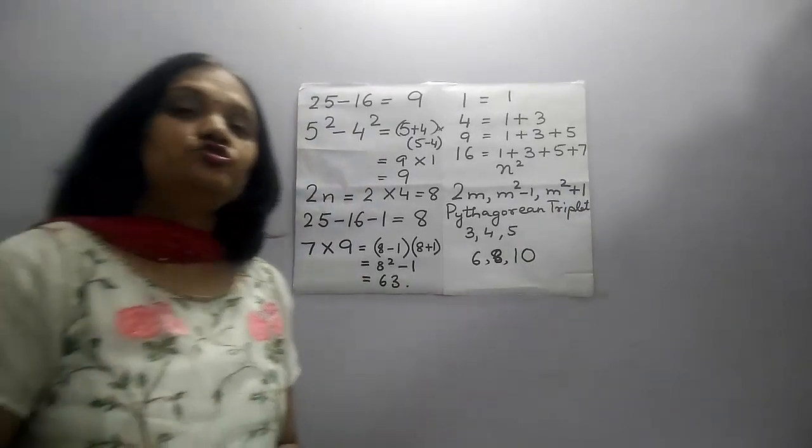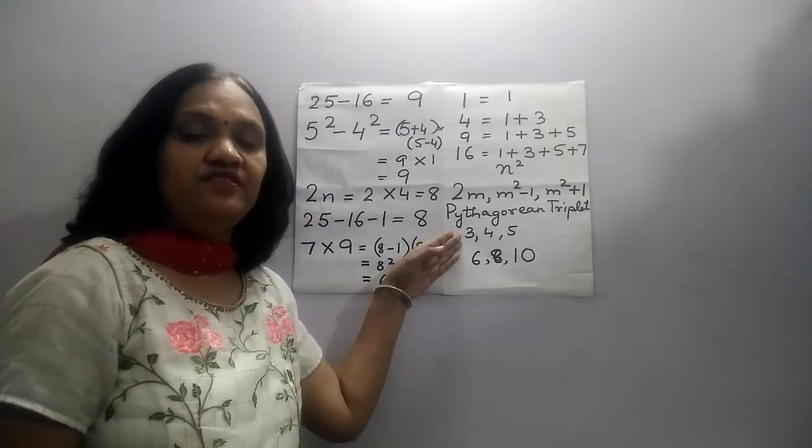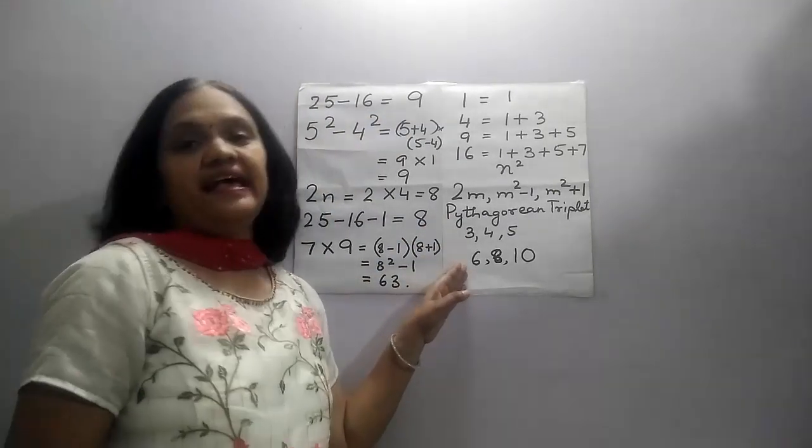So the first two Pythagorean triplets are 3, 4 and 5, and 6, 8 and 10. Let us learn how to find the square root of a natural number by prime factorization method.